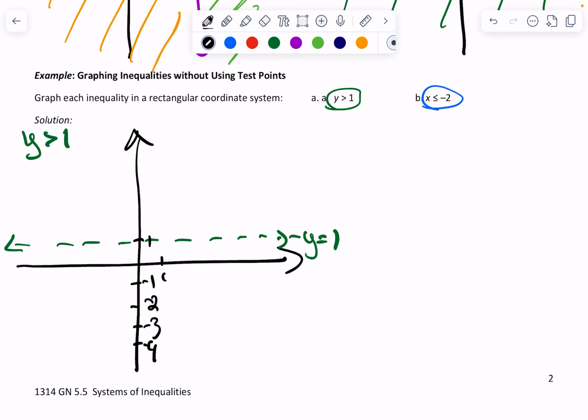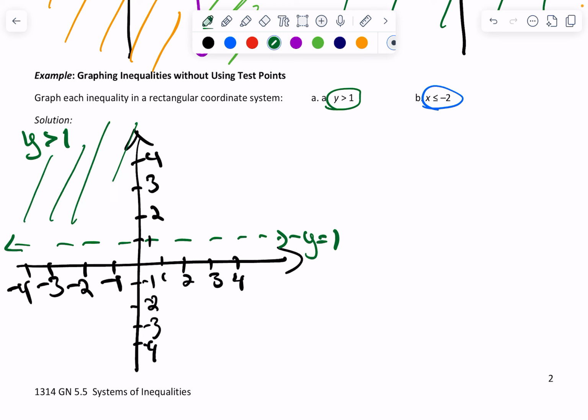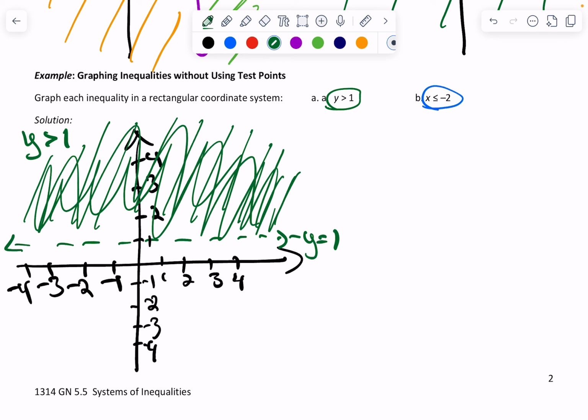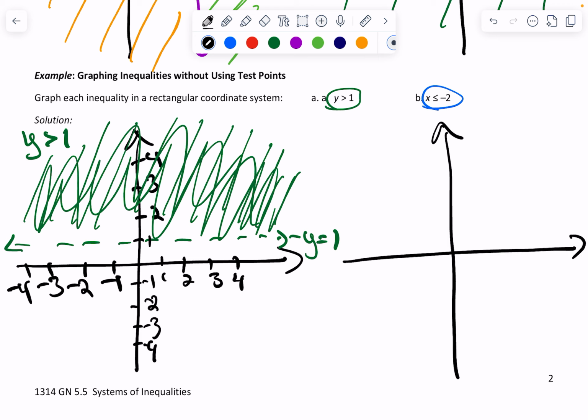I did not do the 4, negative 1, negative 2, negative 3, and negative 4. Now, it says that y is greater than 1, so that means that we will be shading everything that is above. Okay, now we're going to look at x is less than or equal to negative 2.